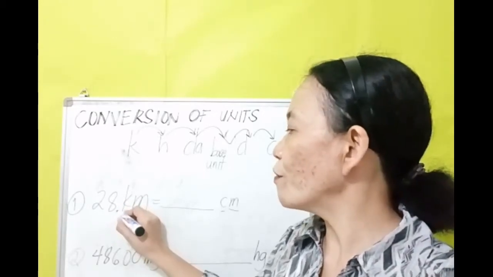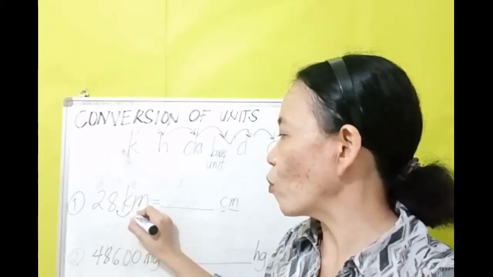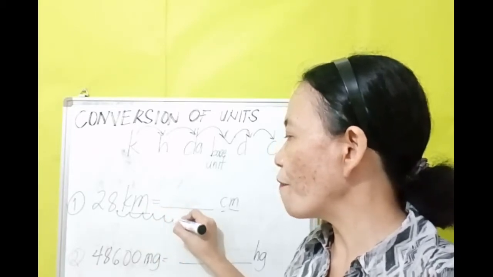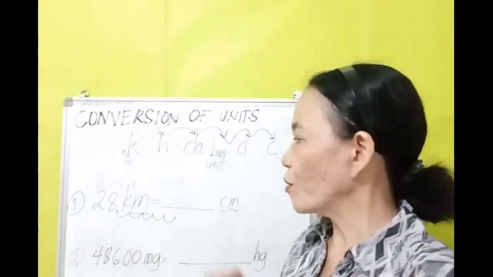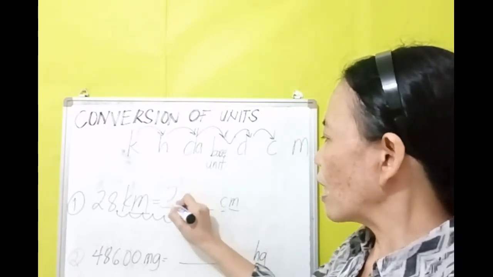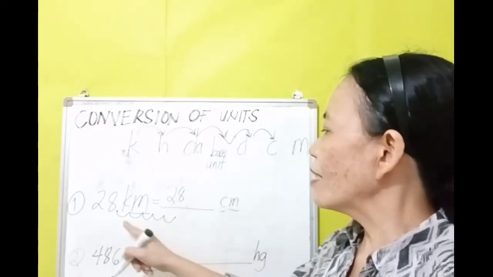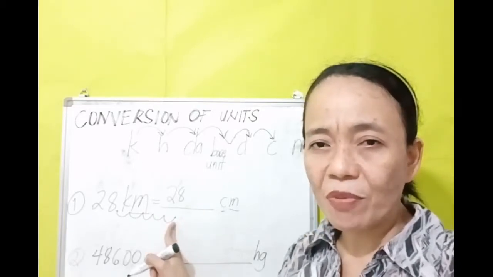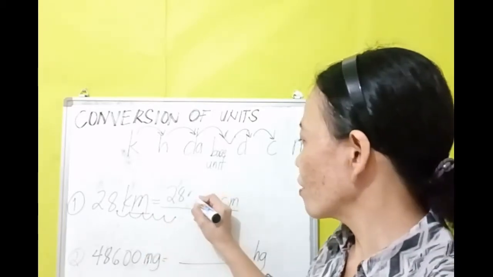So we're going to move 5 places. 1, 2, 3, 4, 5. So therefore, copy 28, then add 5 zeros.